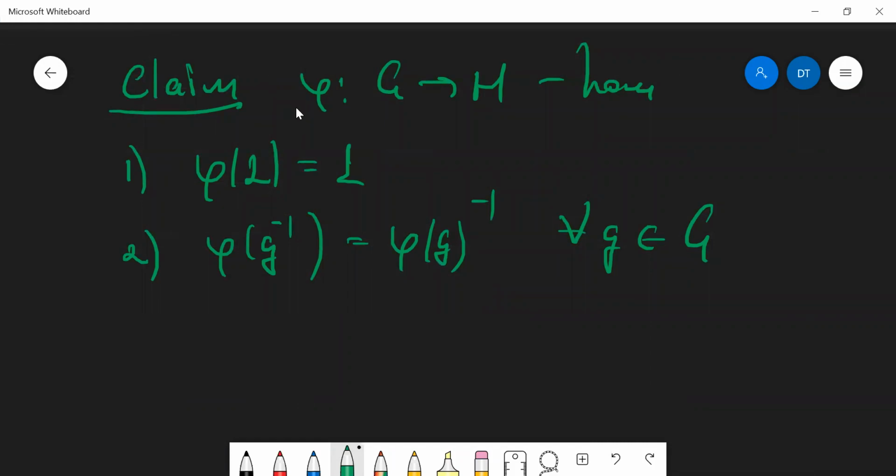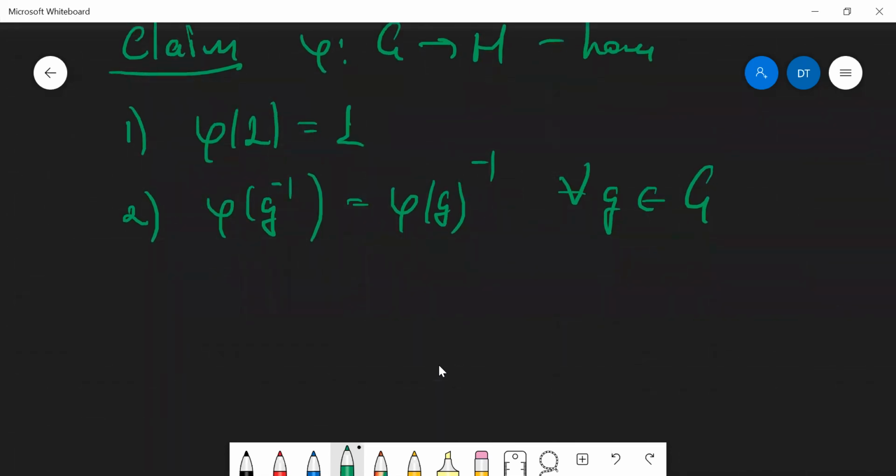So by the definition, homomorphism must preserve the operation, but then it automatically preserves the identity element, which is the neutral element of the groups, and it preserves the inverse elements. This is how it works. So let me prove this. The first one.